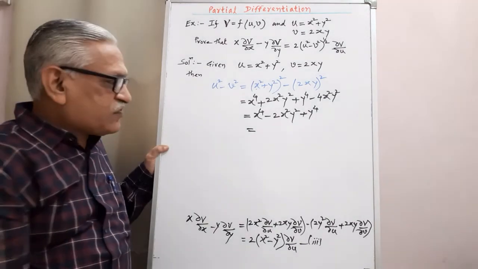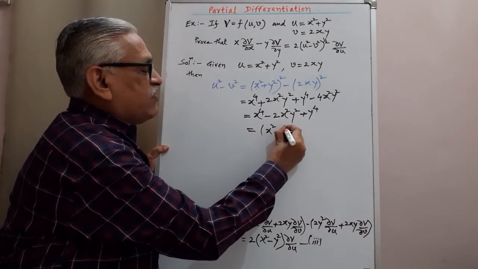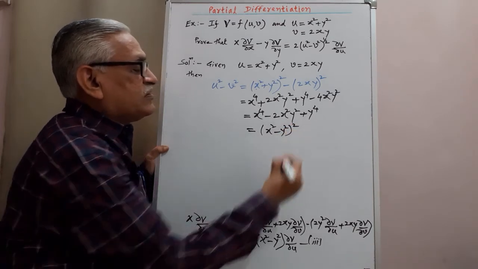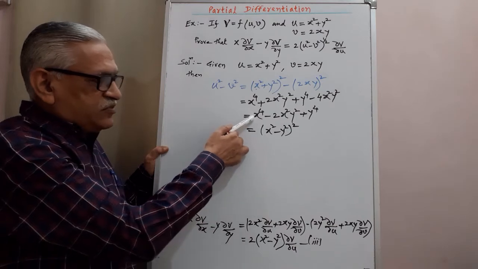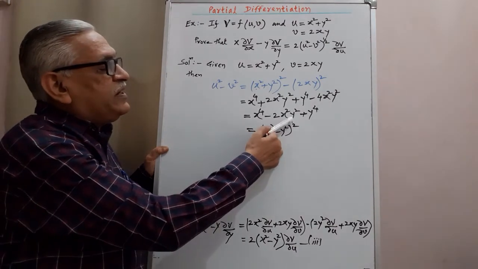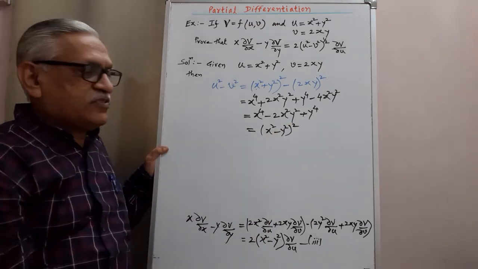It is the perfect square of (x² minus y²) whole square. Therefore, if you expand it once again, we get x⁴ minus 2ab means 2x²y², and plus b² means y⁴.